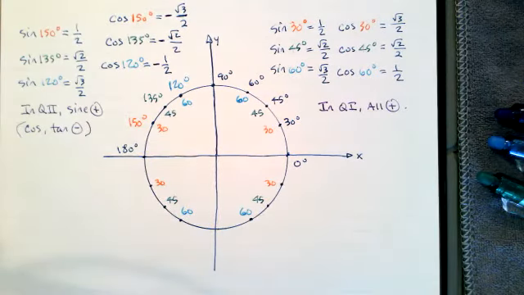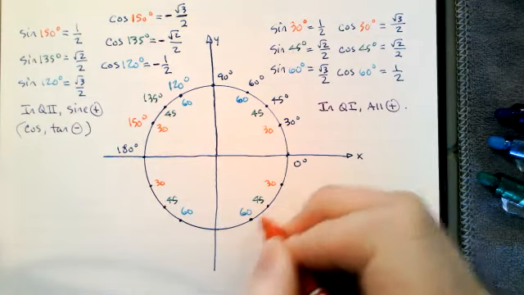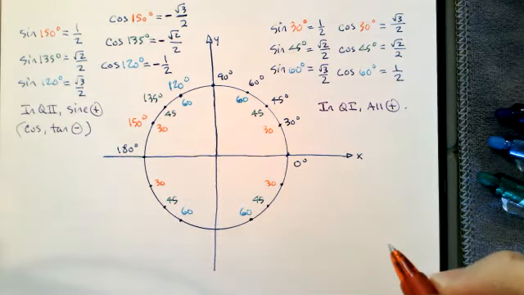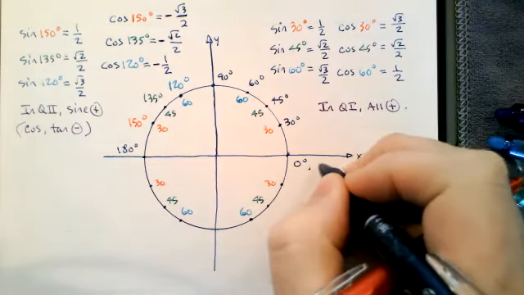Till we get there. So we do the same thing going around into quadrant 3. And then we do the same thing going around into quadrant 4. We first want to figure out what angles we're going to be looking at that are in quadrant 4. So a 0-degree reference angle is also 360.